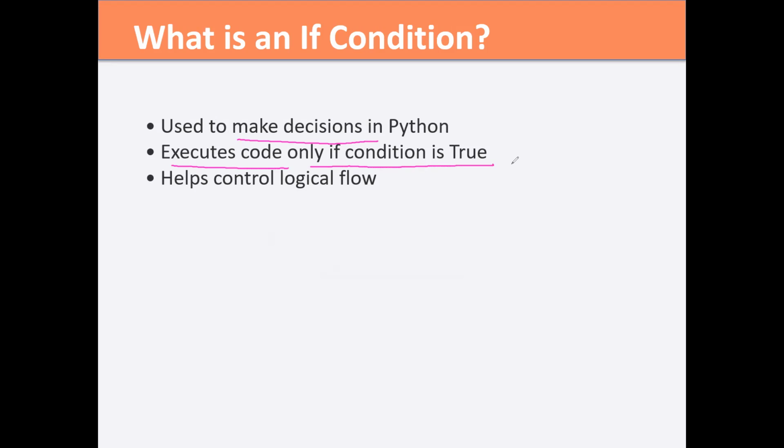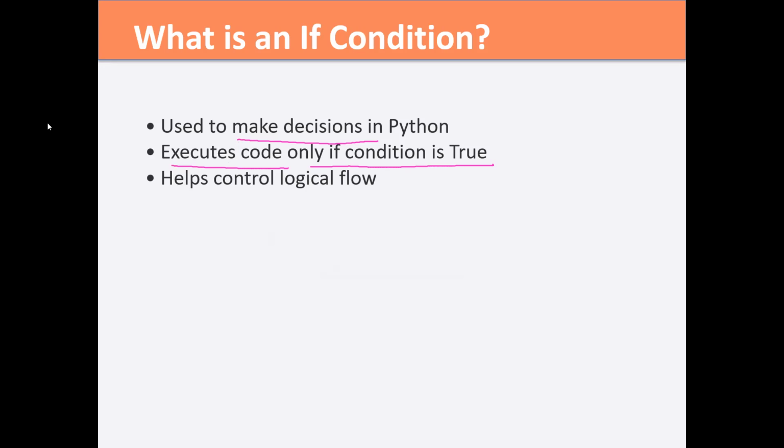It is used when you want your program to do something only if a certain condition is true, which means it will be deciding whether the block of code or any lines of statements you have written is executed or not, based on some specific condition. If the condition is true only, it will be executed.